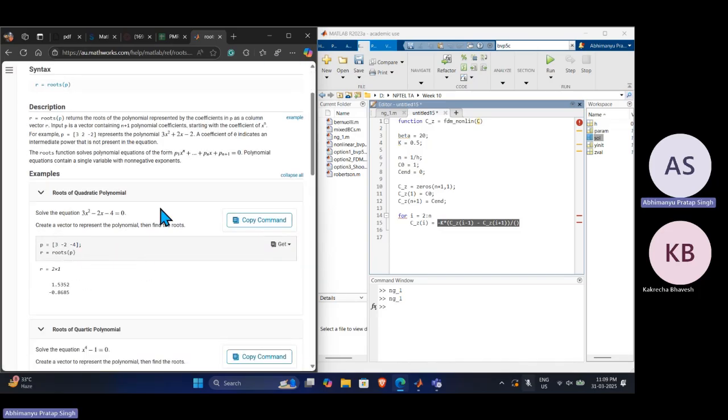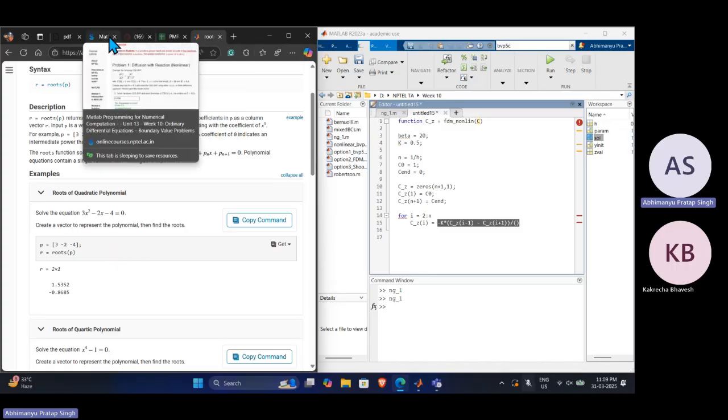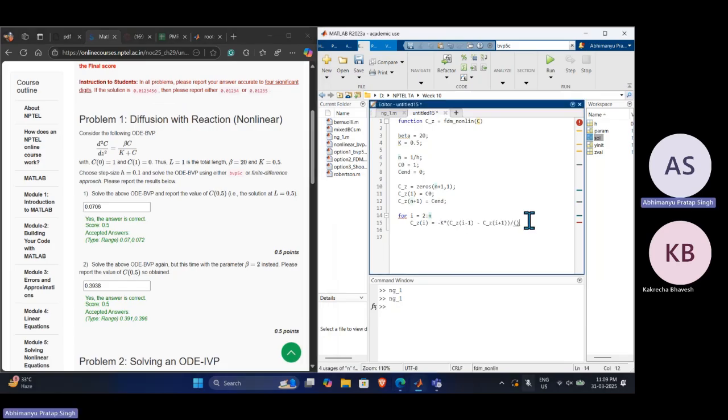The equation is not like second order in terms of ci, so we need to do something about it. I can divide this by ci, but then both the terms would be dependent on ci. That is not good. Solve cannot solve that.